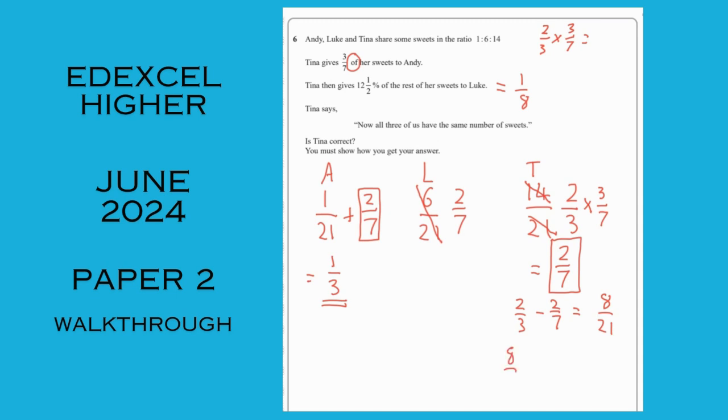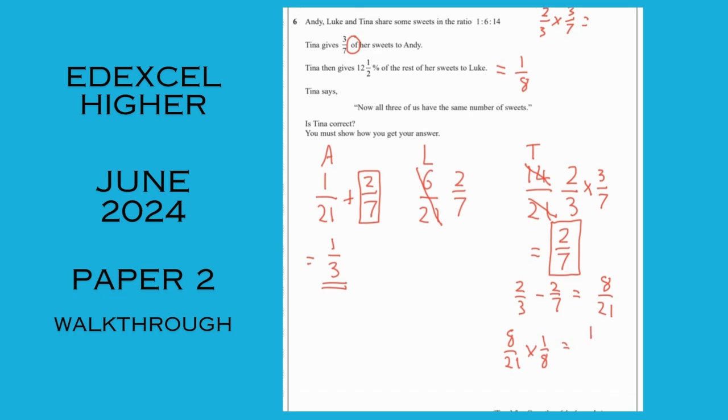She gives them. Now an eighth of means an eighth times. So we've got the situation where she gives away 1/21 of her sweets. And guess what happens when we add that on? It means that Andy's got 1/3. It means that Luke has 1/3. Now you can take that further.